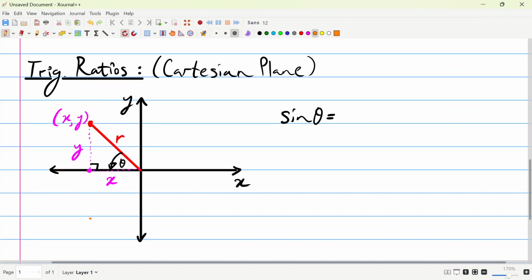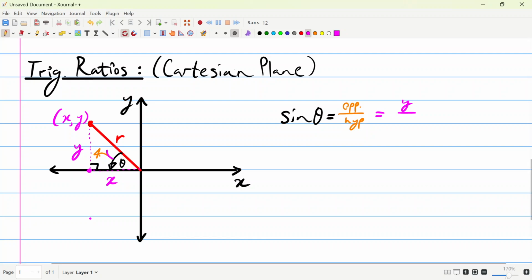Remember, sine is equal to opposite over hypotenuse. What is the opposite of theta? It is just y. I'm going to do it in pink over here. Opposite to theta is y, and the hypotenuse to theta is r in red. So which means we're going to have y divided by r in terms of the Cartesian plane.